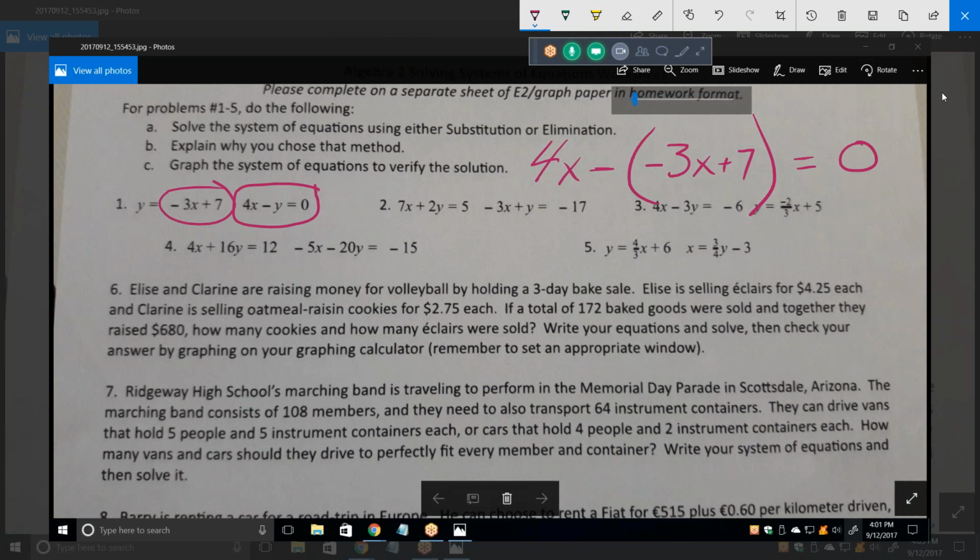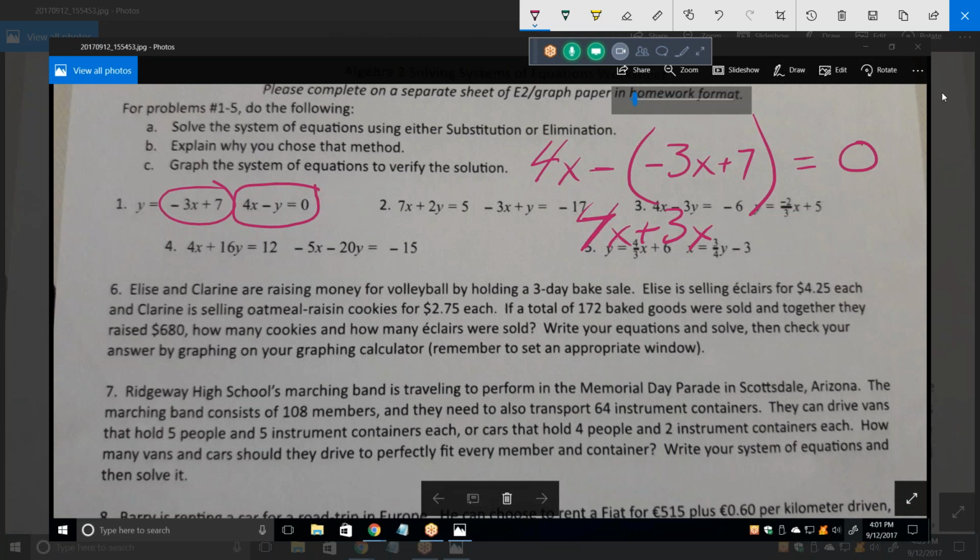And to simplify stuff, a good starting place is to remove denominators and remove parentheses. Well, there's no denominators, but we can certainly remove the parentheses. So what do I get when I remove the parentheses? 4x plus the 3x plus 7.